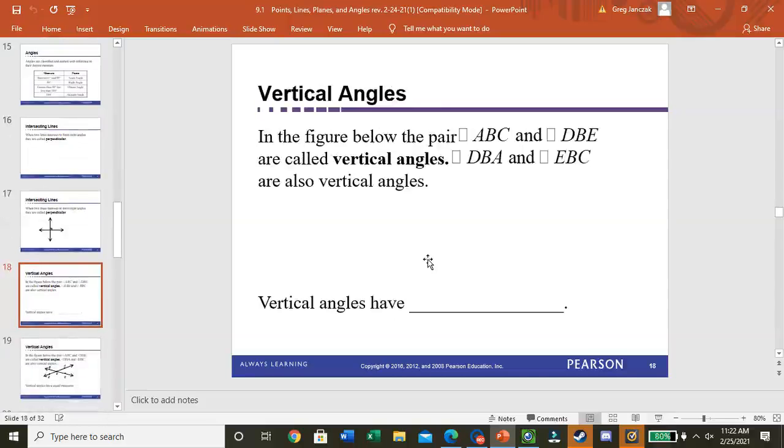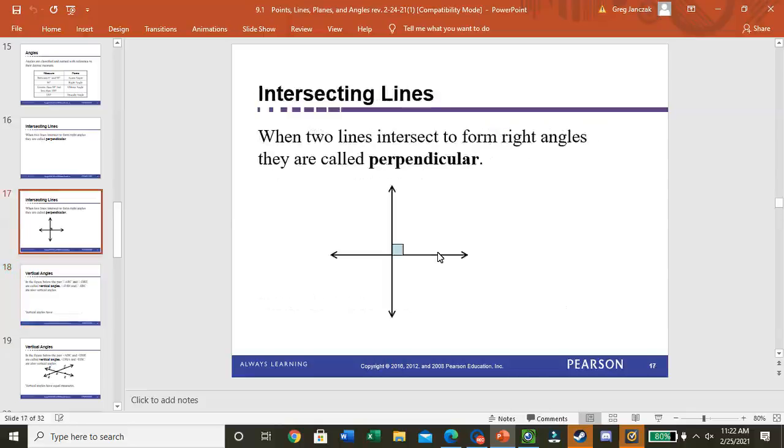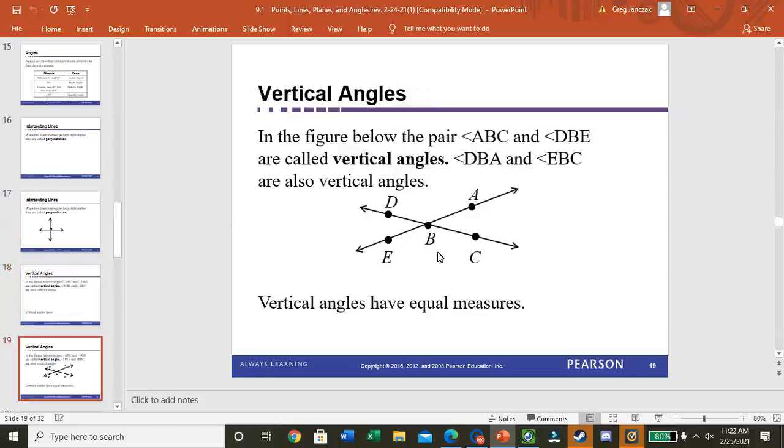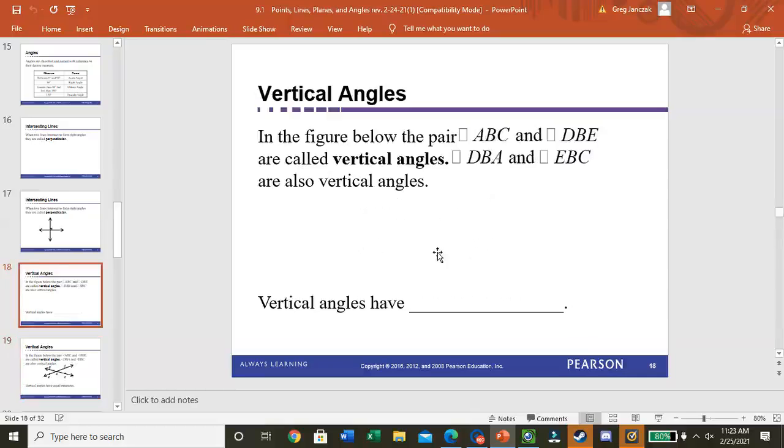Okay, on this next page here, this is what you're going to fill in. You're going to fill in these vertical angles here.